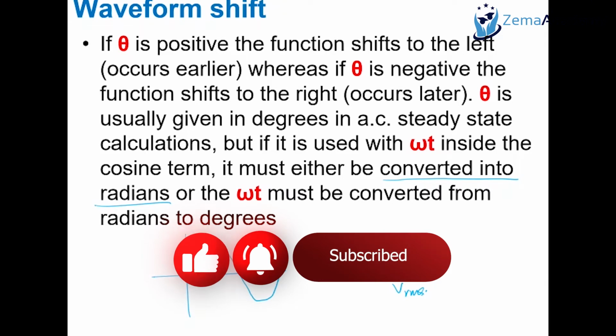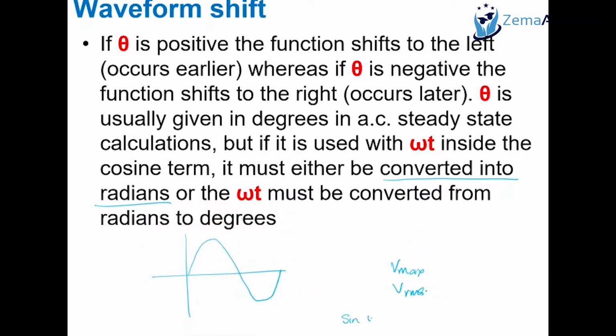So let's say this is sine omega t plus 0 degrees, because there's no phase shift. And for omega t, as you plug values, you get sine 0 here when omega t is 0, and when omega t is 90 degrees, you get 90 and so on.